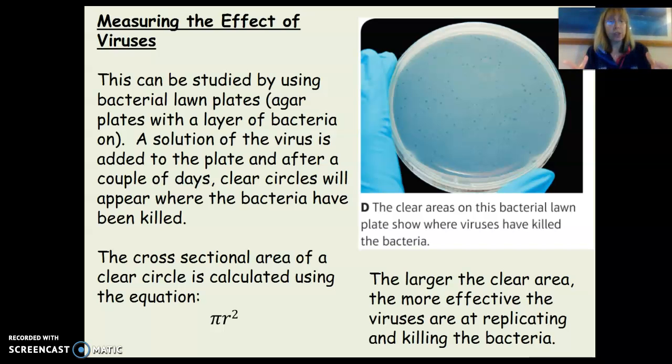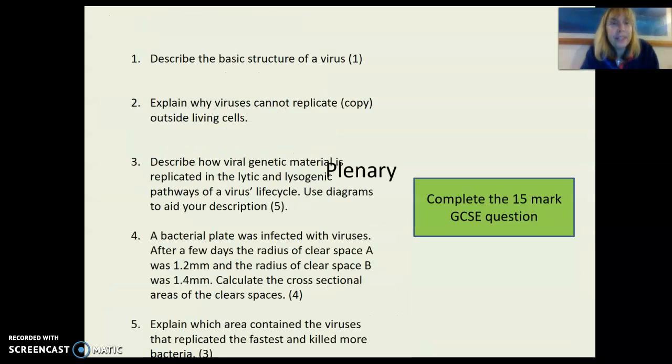The bigger the circle, the more effective the virus is at dividing and ultimately killing the bacteria. So we calculate the area of a circle using pi r squared, which is why for all our biology exams, just like all the other ones in science, we need a calculator.